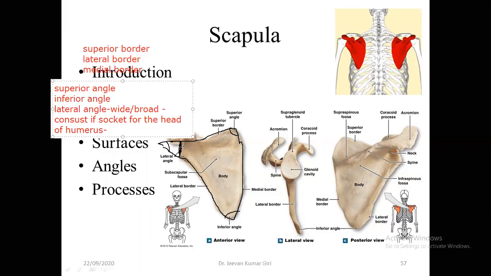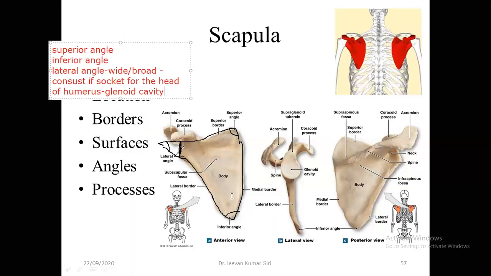That socket is the glenoid cavity. The lateral angle is not pointed like the others; it is broader. So it bears the glenoid cavity, which forms the socket for the head of the humerus.